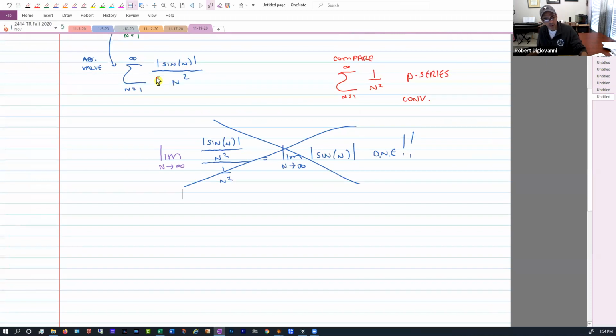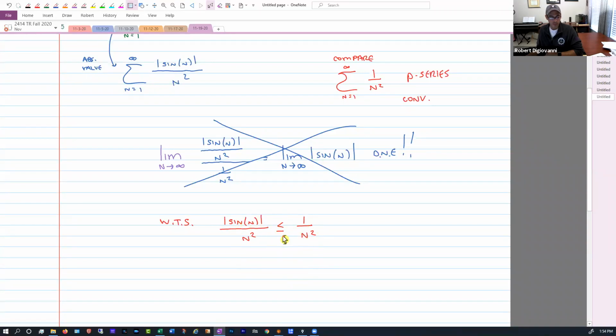So instead, I want to show that absolute value of sine n over n squared has to be smaller than or equal to 1 over n squared. Does everyone understand what I'm doing?